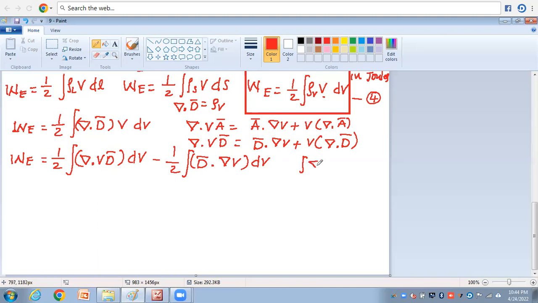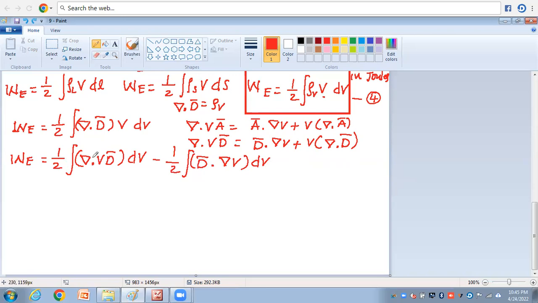Now del dot V D bar with respect to dV tends to a double integral; this is a triple integral, then a double integral. No need to write double and triple integral, simply we can write V D bar dot dS. Okay, fine. Now I will go with the regular expression.